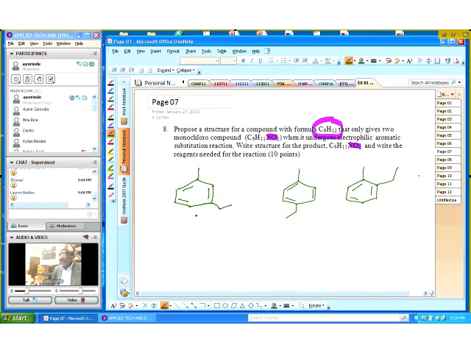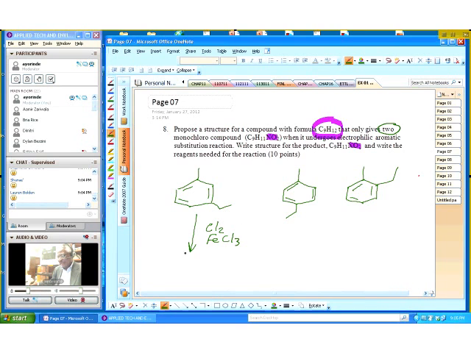Those are the choices. Now, keep in mind what they are telling us: when you perform chlorination on any one of these, you only form how many? 2. You only form 2.